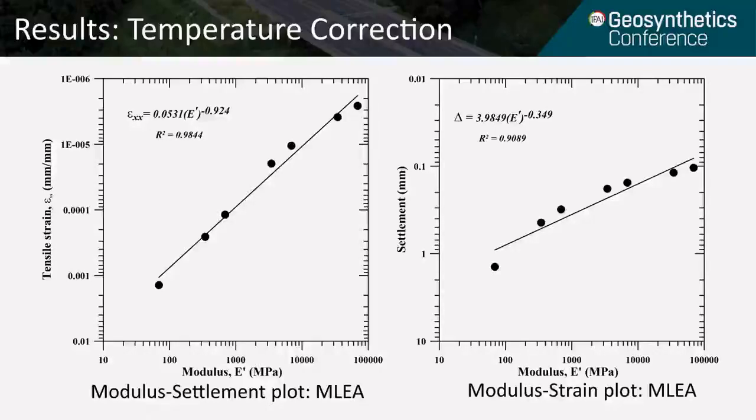Models were then developed to estimate the settlements and strain values for the modulus values that were determined previously. Settlements and strains in control and geosynthetic sections were basically normalized with that of a reference temperature to obtain the temperature correction factors, which were then eventually multiplied to the settlement and strain values recorded.